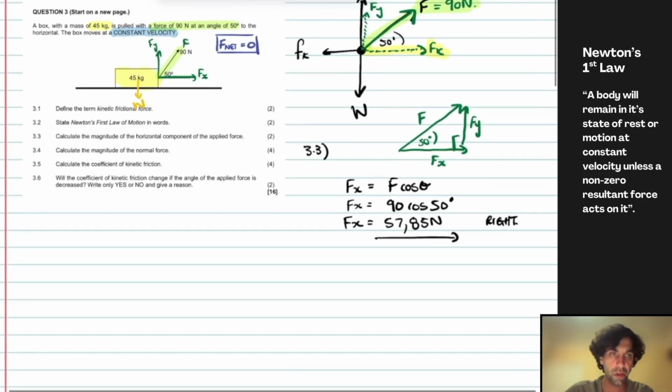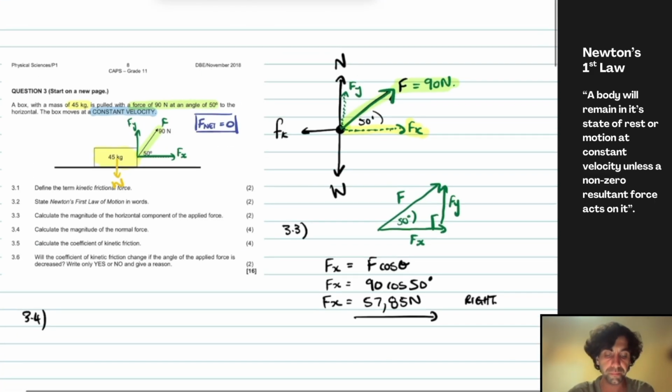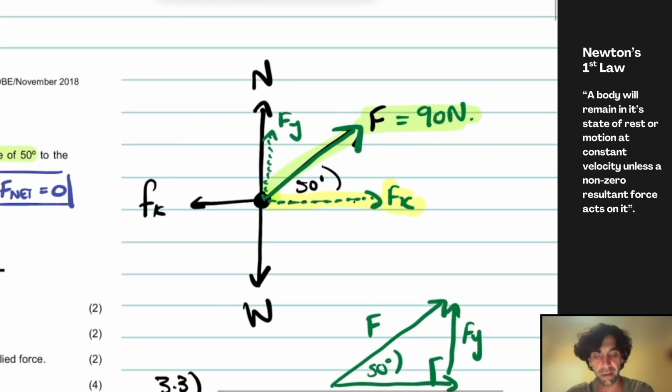question number 3.4 is asking us to calculate the magnitude of the normal force. So quickly going back to my free body diagram, the normal force is the force that is acting upwards over here.